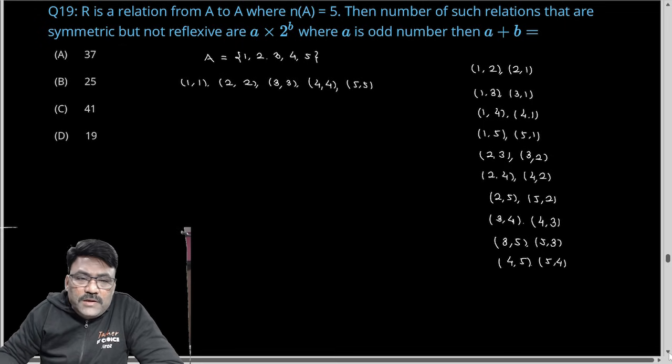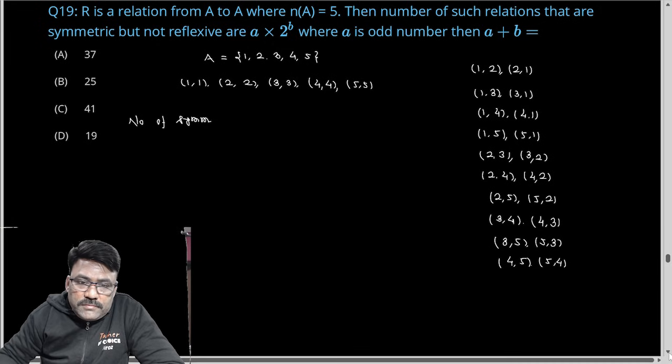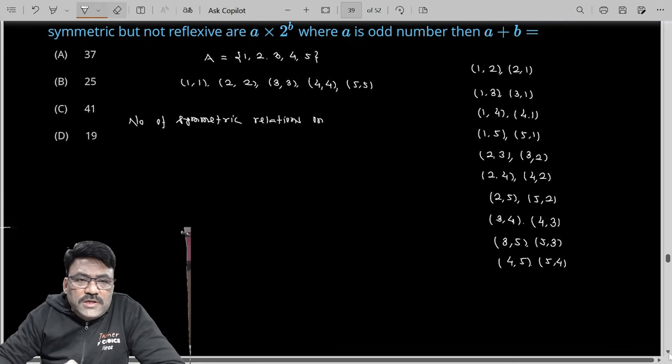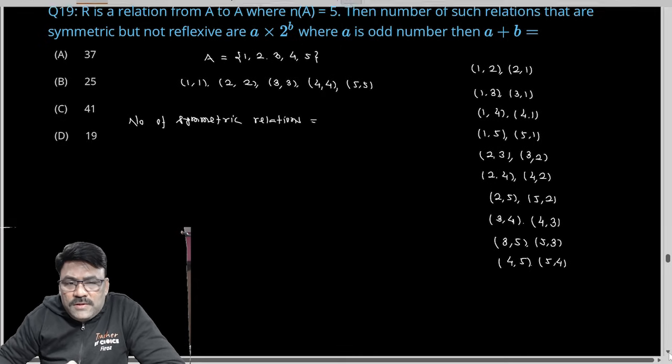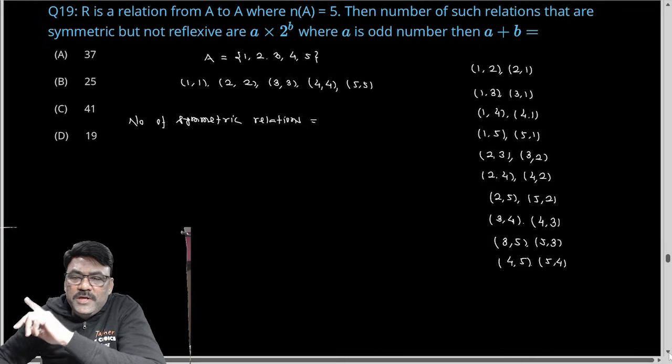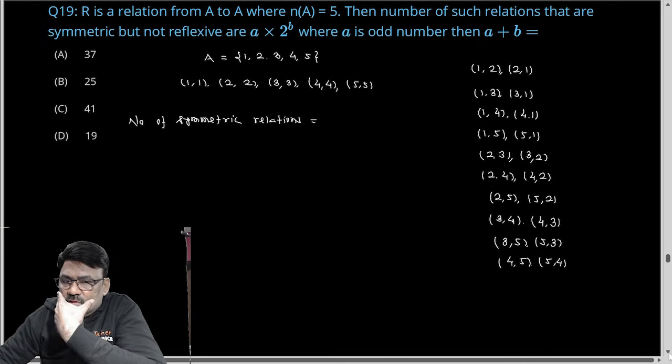Now what will be the number of symmetric relations on A? Obviously this 1 comma 1 may be in your relation or may not be, which means for this 1 comma 1 you have two options.